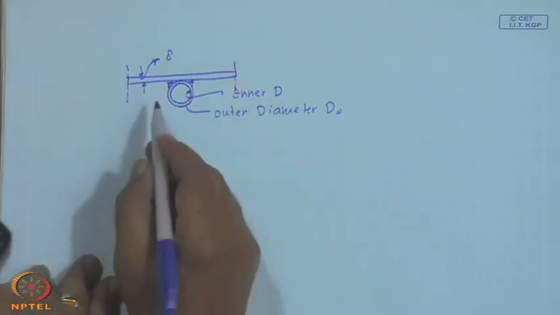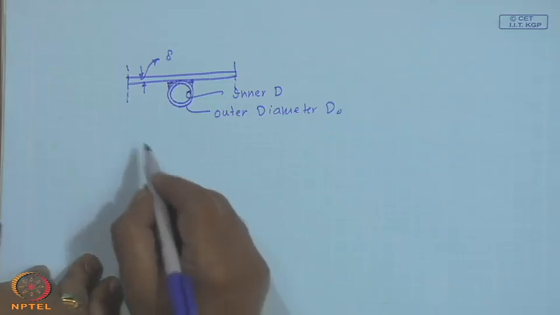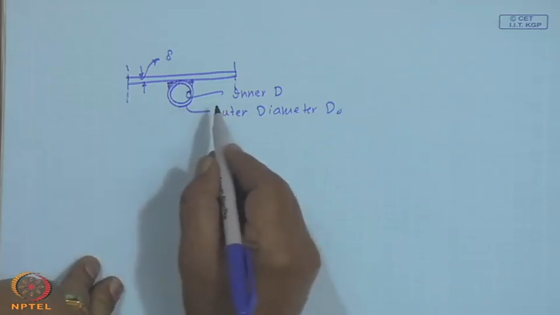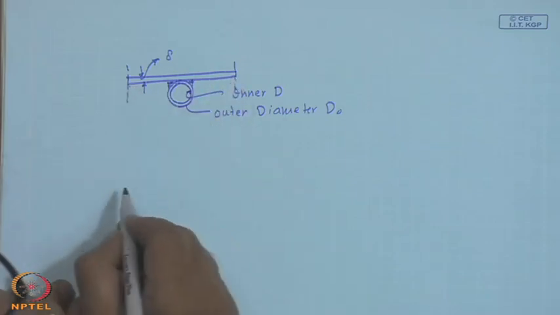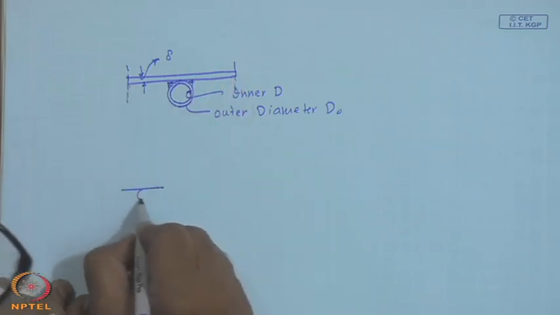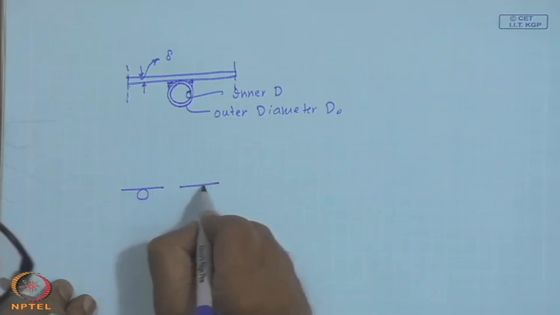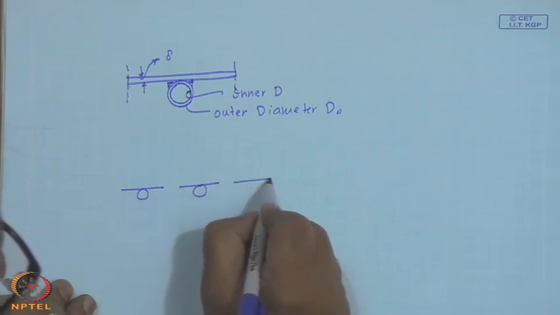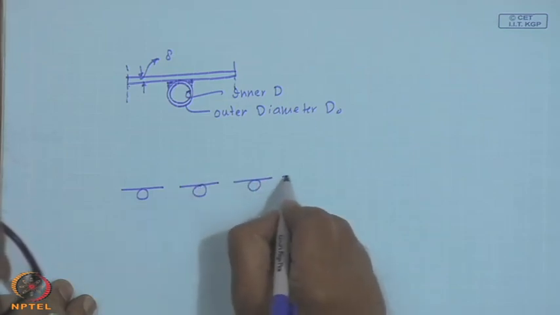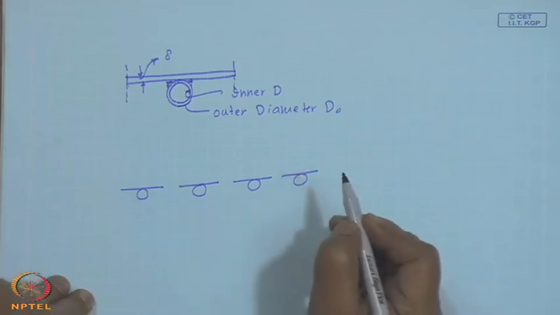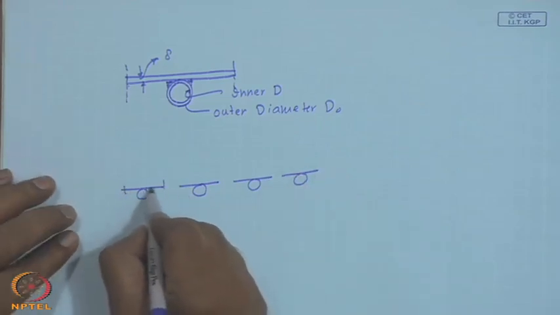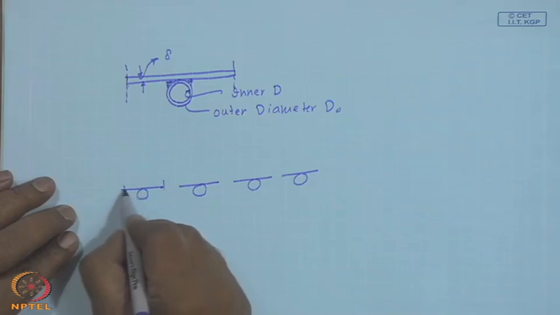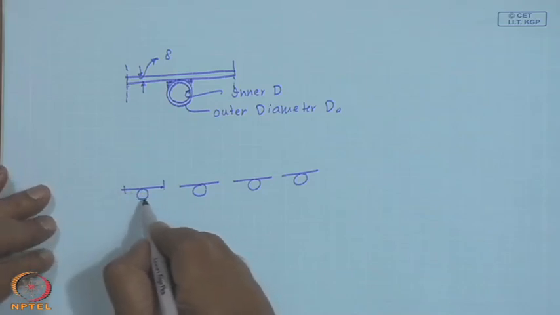W is the distance between the center to center, so the length is w minus d by 2, and we have got a number of elements repeated like this in the collector. They are all joined and each one is half a sheet on this side and half a sheet on the other side, with a tube in between.